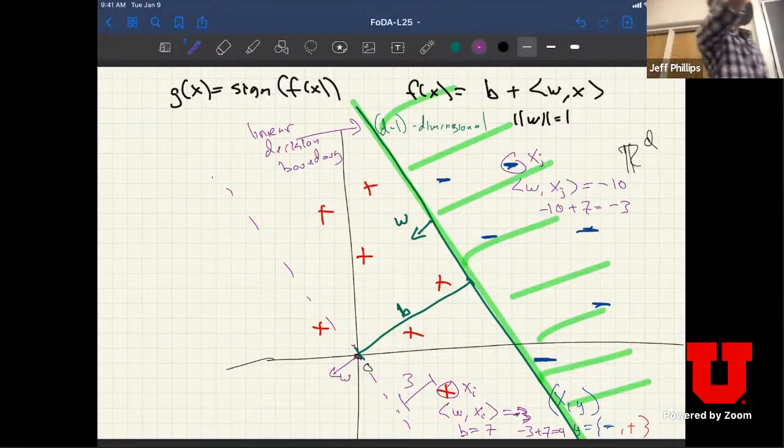Great. So this is the shape of what the linear classifier is doing. It's finding a linear decision boundary in a high dimensional space, and you're trying to separate the positive points in your training data from the negative points with this function. And it's about the simplest function we can come up with that's going to do that.